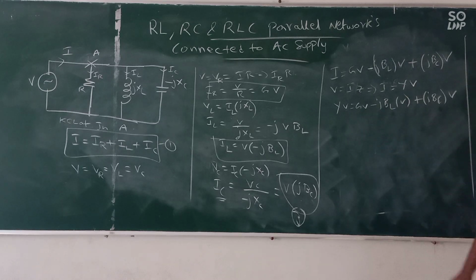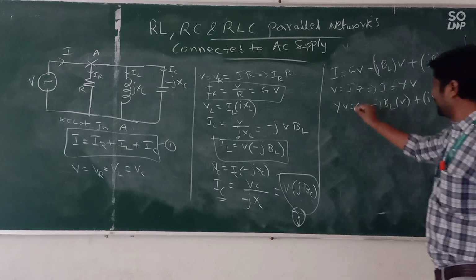On the left and right hand sides the voltages are the same, so V is common and will get cancelled.